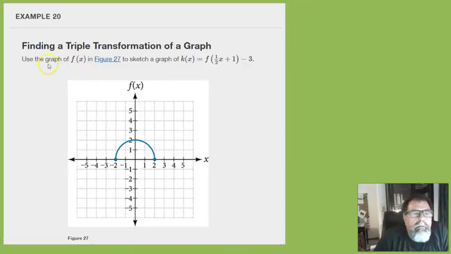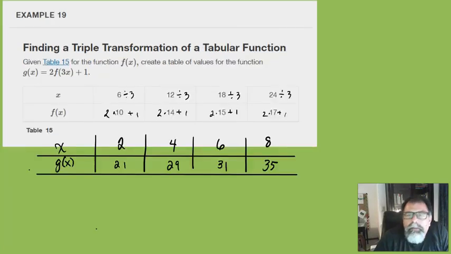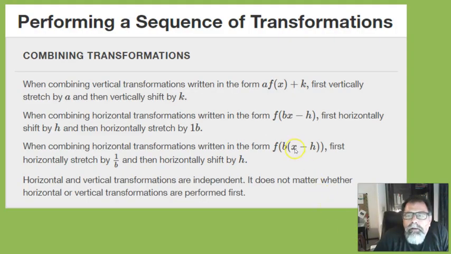Okay, so use the graph of f of x in figure 27 to sketch the graph of k of x is equal to f of 1/2 x plus 1, minus 3. There are two ways we can do this. We can factor out the 1/2, or we can just leave it the way it is and shift it horizontally by h, but remember it's going to be the opposite.